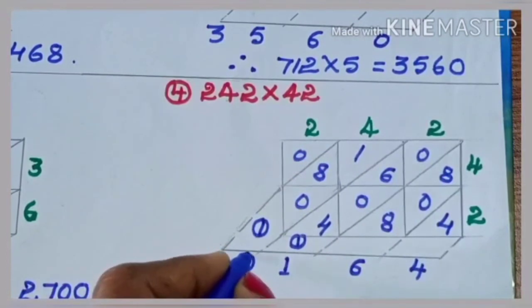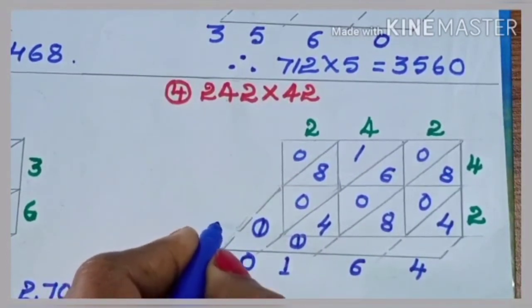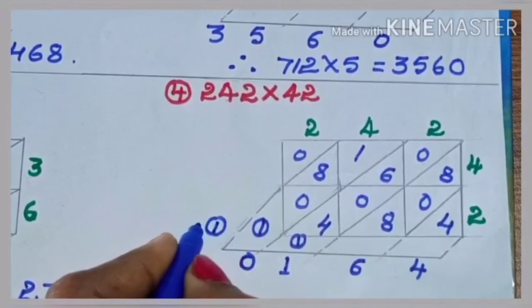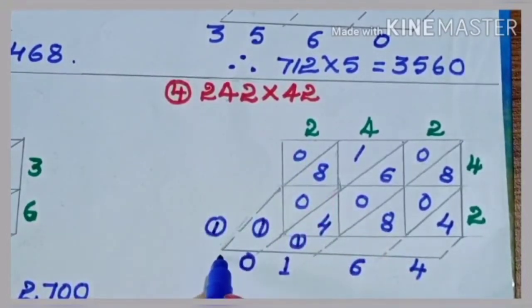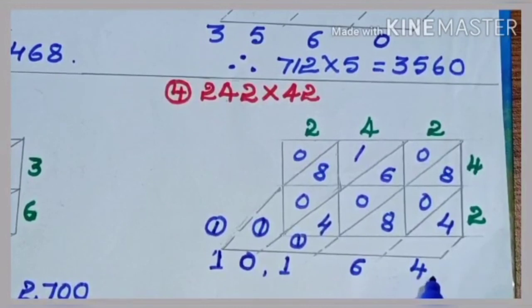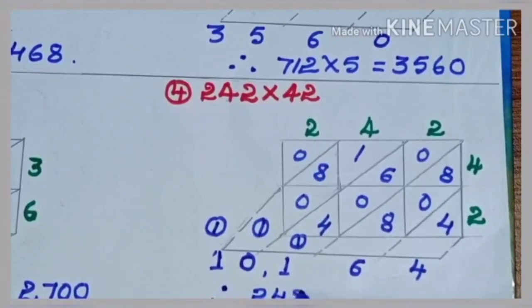So write 0 here and 1 again carry to the next place. Now 0 plus 1 is 1. So the answer is 10,164. Right. Therefore 242 multiplied by 42 is equal to 10,164.